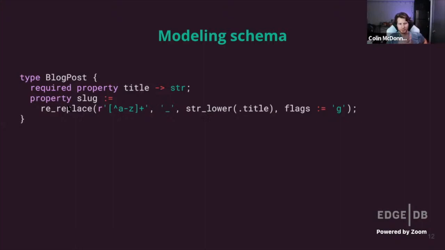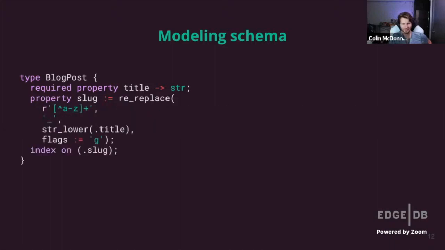And then we're going to be using a regular expression replacement function to take everything that isn't an alphabetic character and replace it with an underscore. Once we have this defined, it's the exact same code for that property slug. Now, what we can do is just add an index on that computed property slug.